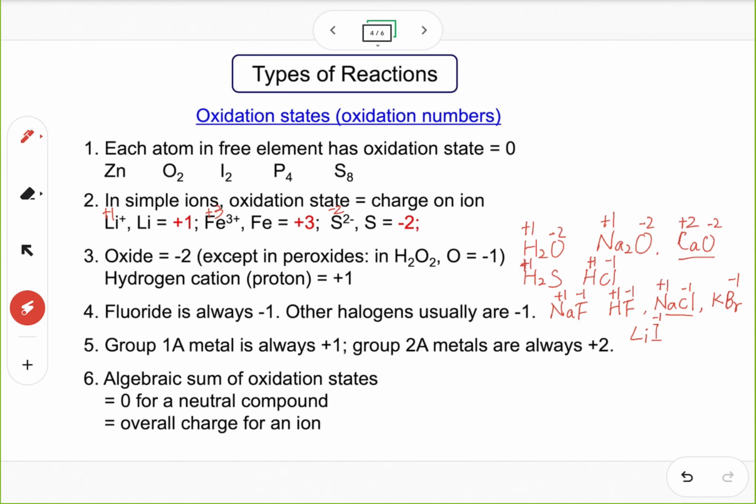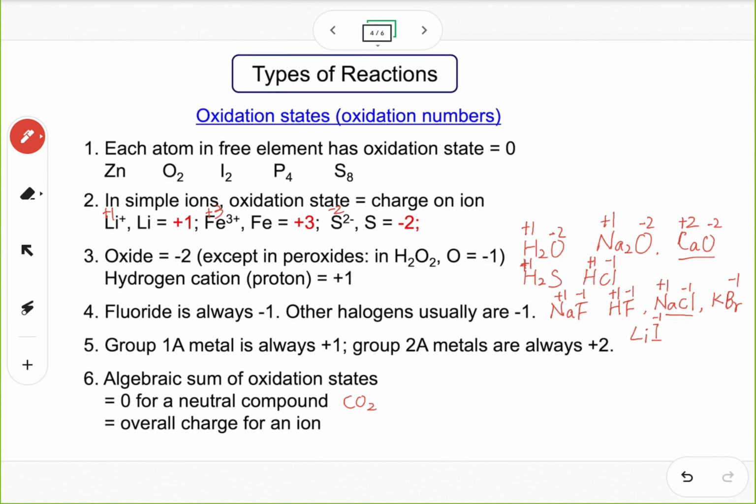Now the next one involves a little bit of calculation. The sum of oxidation states for a neutral compound would be 0. For an ion, it's going to be equal to the overall charge. What do I mean by that? How about carbon dioxide? Carbon dioxide is a neutral molecule.